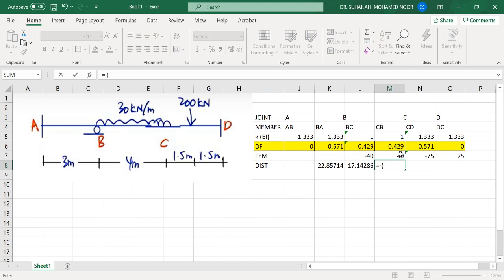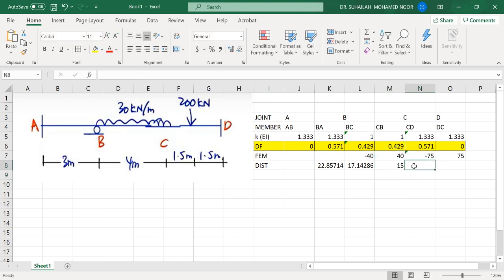The total moment at C is 40 plus negative 75, times 0.429, so we get 15. For CD, we put negative. The total moment is 40 plus negative 75, times the distribution factor 0.571.